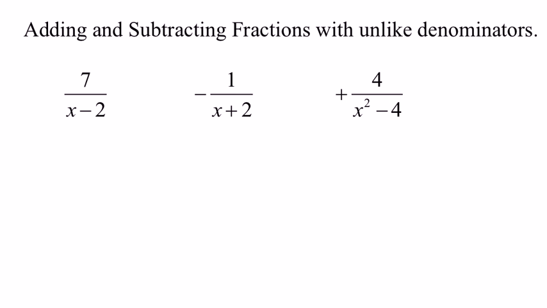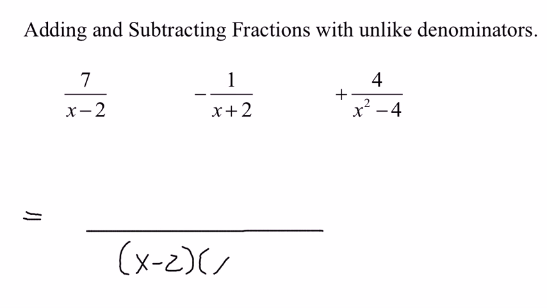So now, actually doing the calculations, we are well aware that our least common denominator must contain x minus 2 times x plus 2. So, for each of these fractions, we have to write an equivalent fraction.